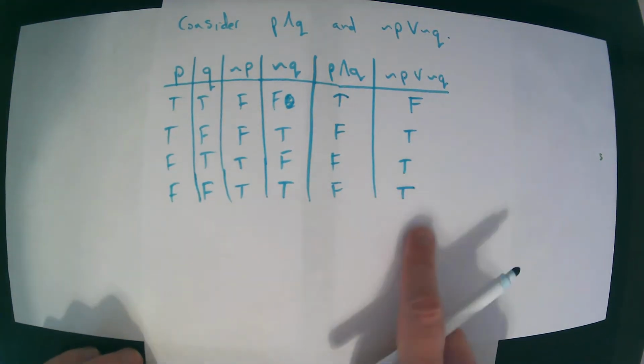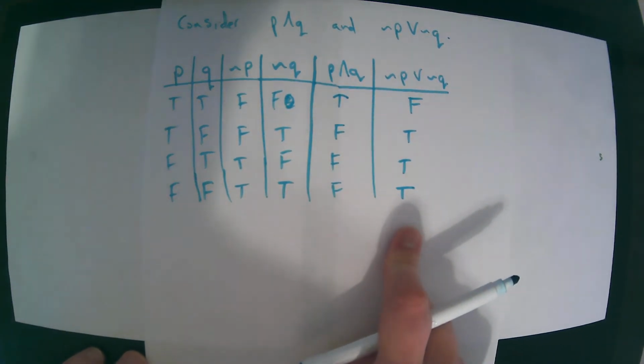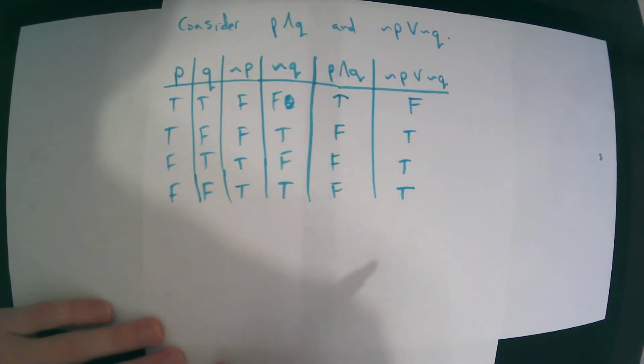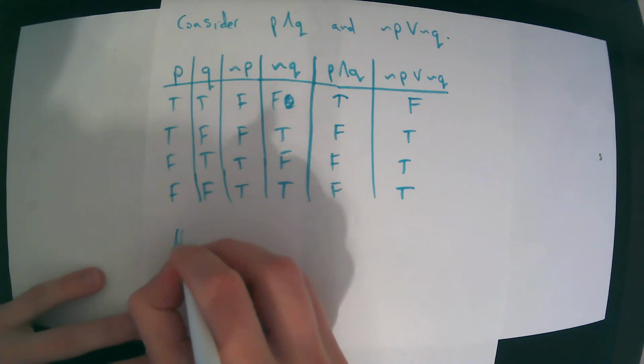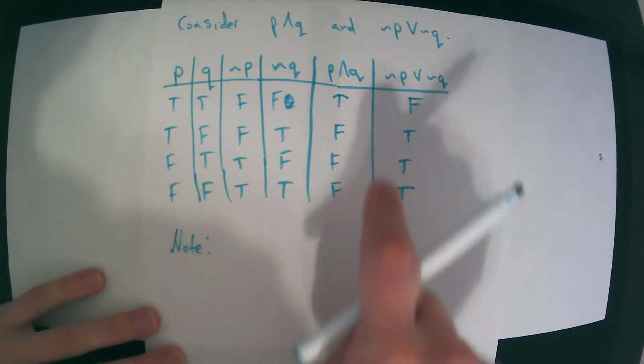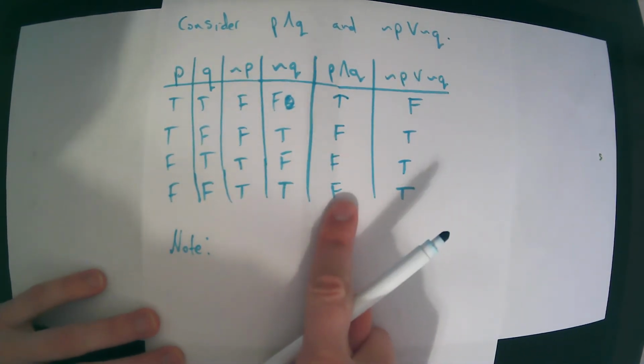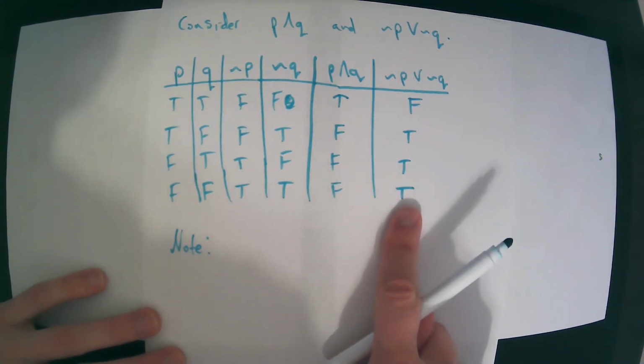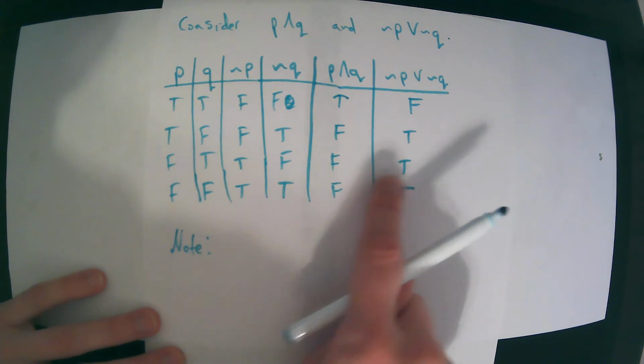Alright, so these 2 columns are clearly not logically equivalent, but they are complete opposites of each other. So what I want to note is that if I negate this column, won't it be exactly the same as this column? They're all exactly opposite.